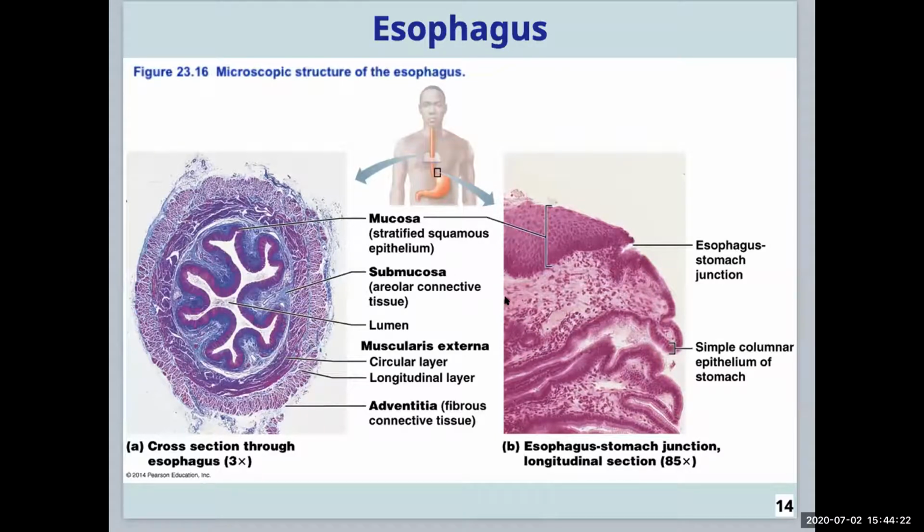That's known as the lower esophageal sphincter. I don't have an image here, sorry about that. That sphincter is important because it prevents stomach contents from being regurgitated into your esophagus.